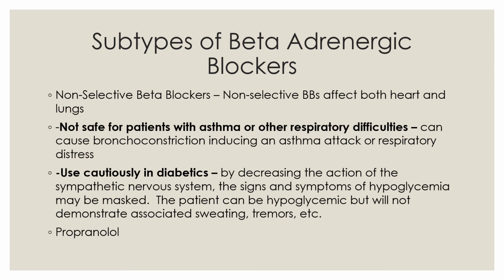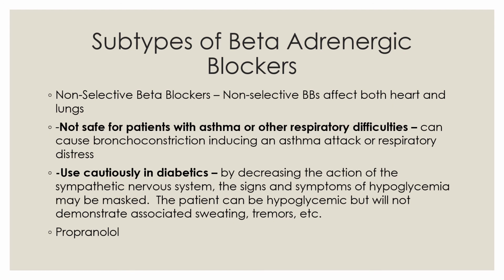So if we're giving a patient a beta blocker that affects the entire sympathetic nervous system, then these patients will not have the typical signs and symptoms of hypoglycemia, so they can become profoundly hypoglycemic without symptoms because those symptoms are being masked by the beta blockers.